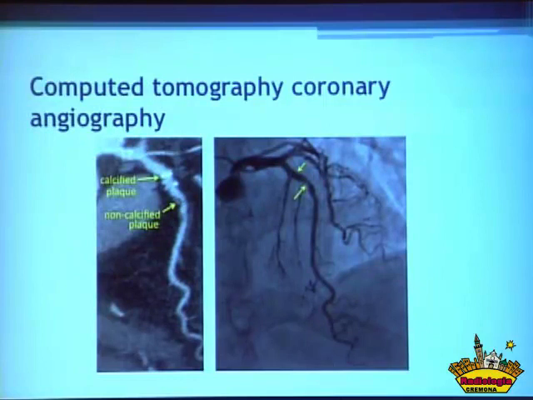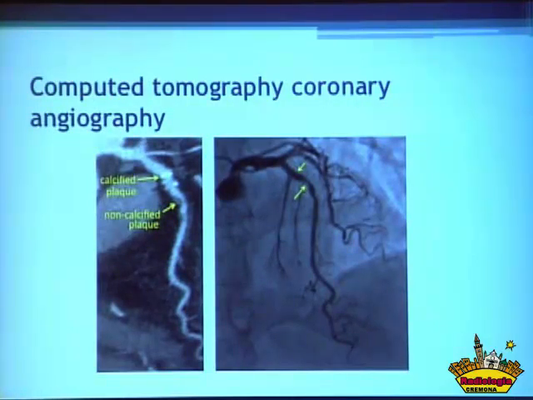But if you look at the top arrow, we've got a calcified plaque, and what we're seeing on the CT scan really doesn't correlate to the invasive angiogram, because of the problem we have with calcium. Calcium on a CT scan always looks bigger than it actually is, and that affects the diagnostic accuracy, in particular the positive predictive value of studies looking at CT scanning.